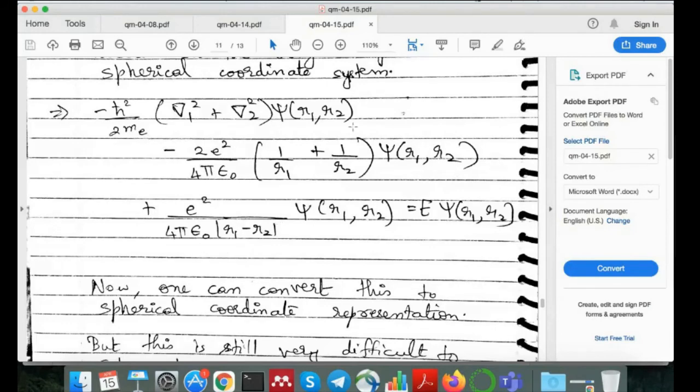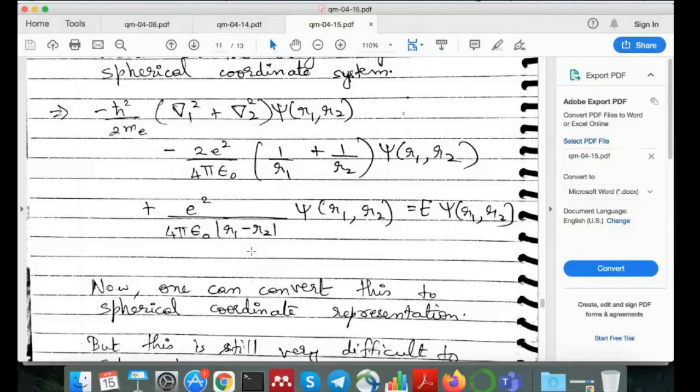Now this system is so complicated. Had there not been this particular term, we would have still been able to solve it. But because of the presence of this term, this 1 by r1 minus r2, this potential complicates it so much that we cannot really solve it exactly.